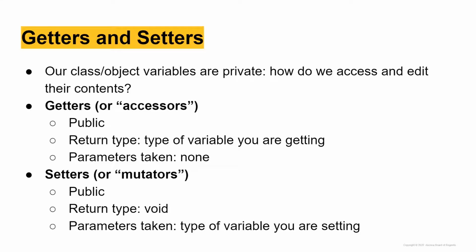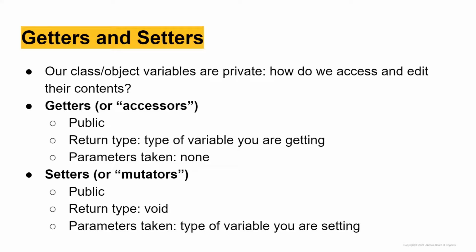So we have a method called a getter, and it's public. The return type is the type of variable that you're getting, and it doesn't take any parameters, and basically it just returns whatever class variable you want it to, or whatever the variable of the object that you're calling it from.